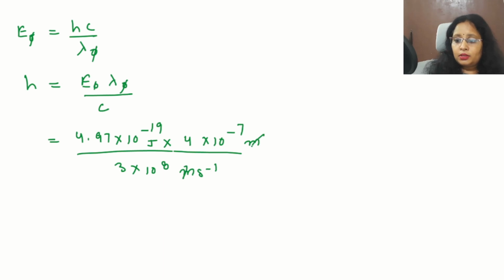Now meter and meter cancel out. Calculating the values, we get the answer 6.626 into 10 to the power minus 34, and the unit will be joule second. And this is the value of Planck's constant.